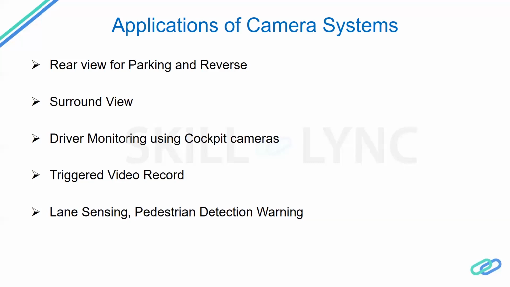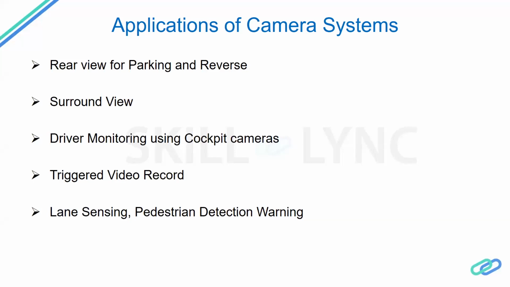So the cameras will be monitoring the driver and providing input to the DMS, that is the driver monitoring system ECU, and it will alert the driver by interfacing with the cockpit controller to give alerts or provide messages to the other control units to take safety actions for the vehicle.